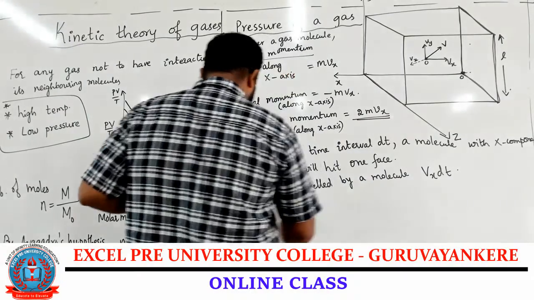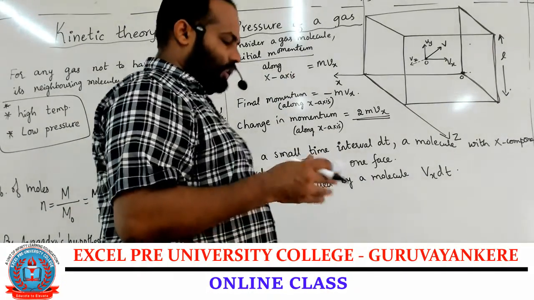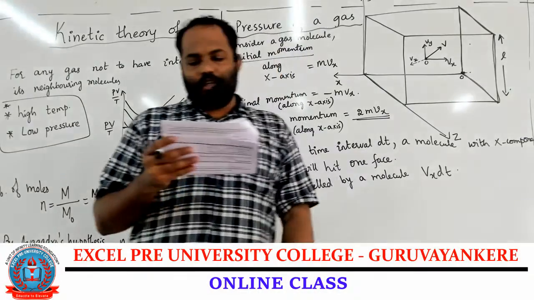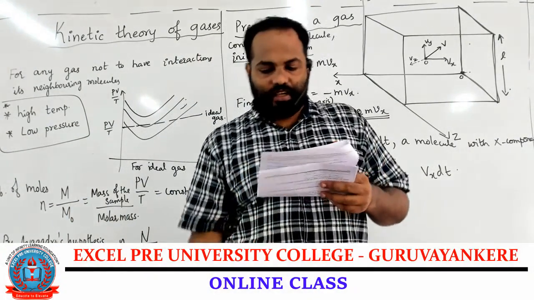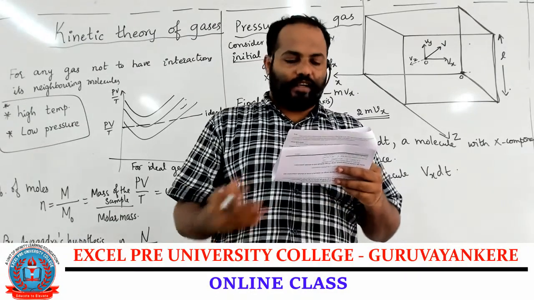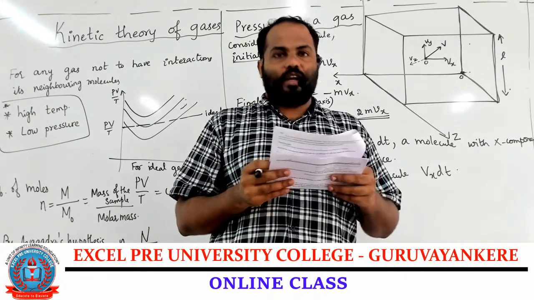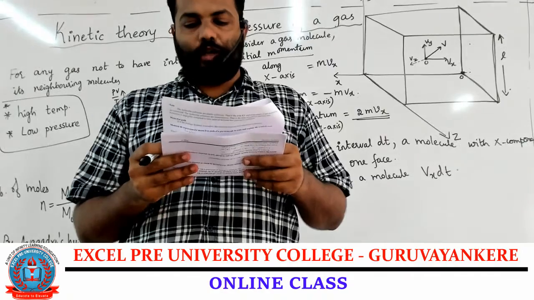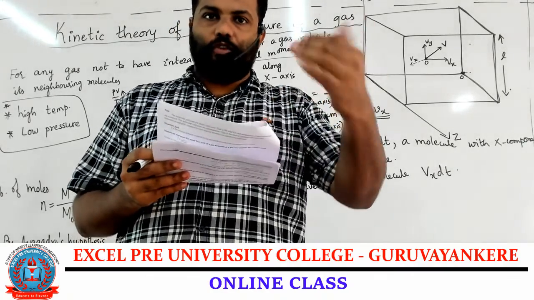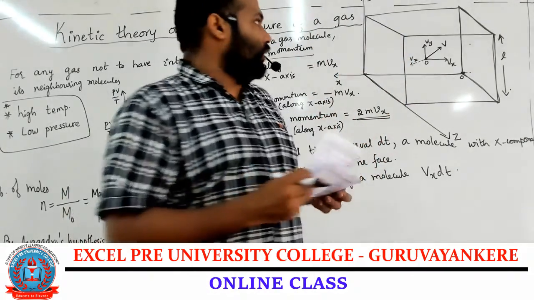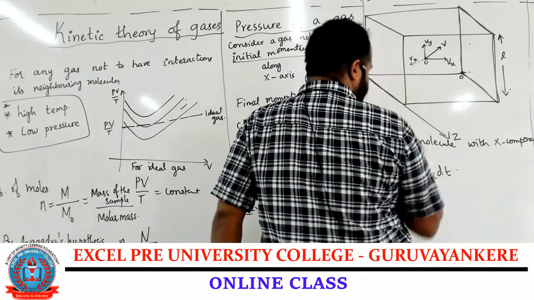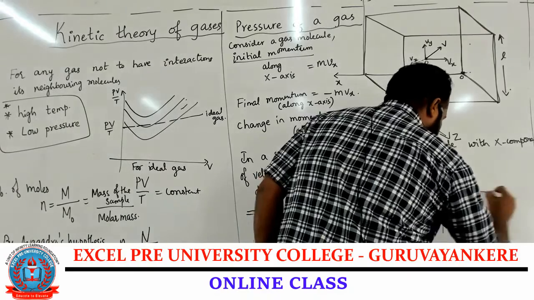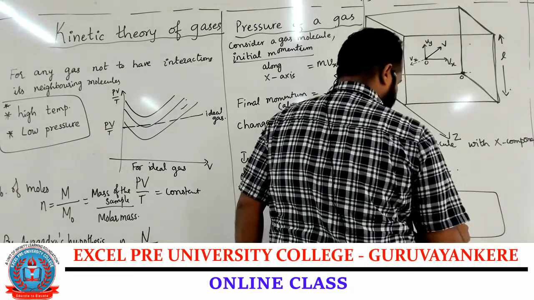As given in your notes, all the molecules within the volume vx dt can hit the wall in time dt. But on average, half of these molecules are moving towards the wall and the others are moving away.